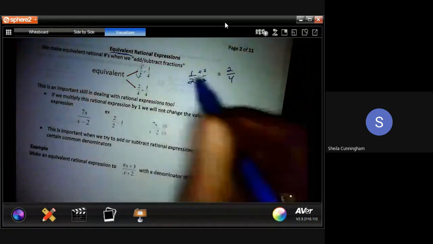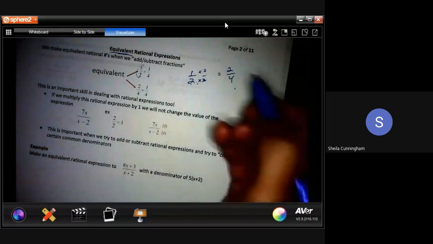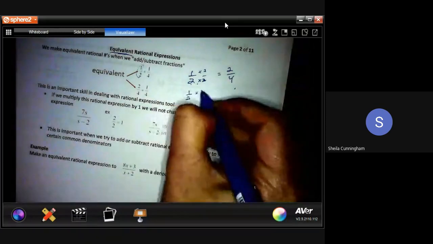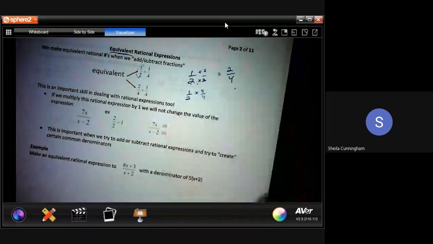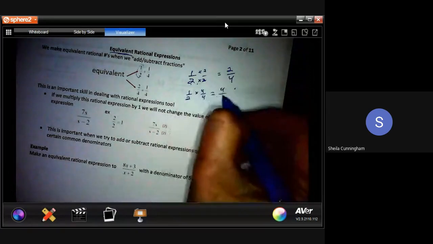Well, 1/2 and 2 over 4 are equivalent fractions. I could take 1/2 times 4 over 4 and I would get 4 over 8.